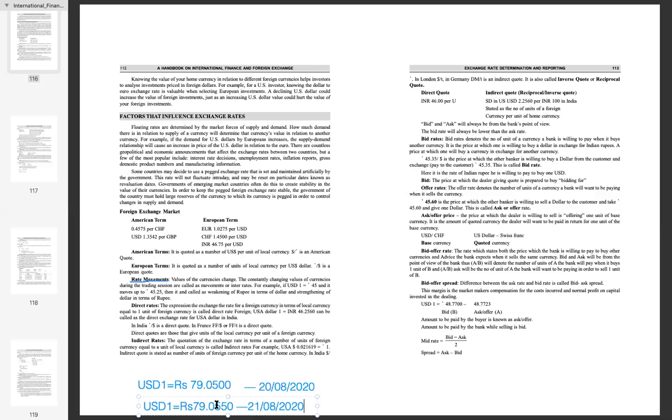Or supposing this is going to be, say, USD 1 is equal to 79.04500 on 22082020. We'll always see it from this.